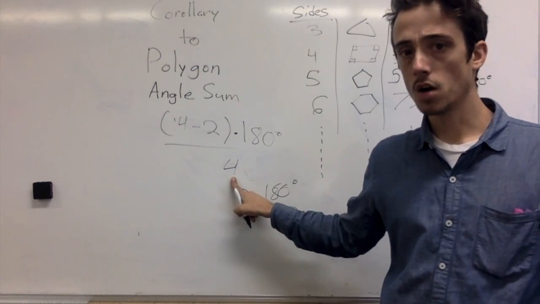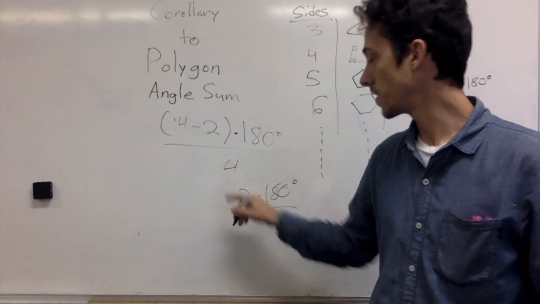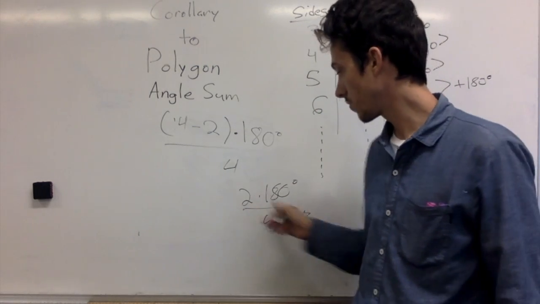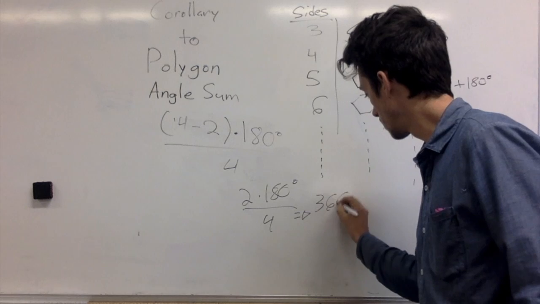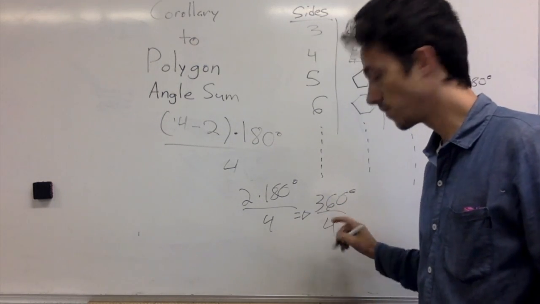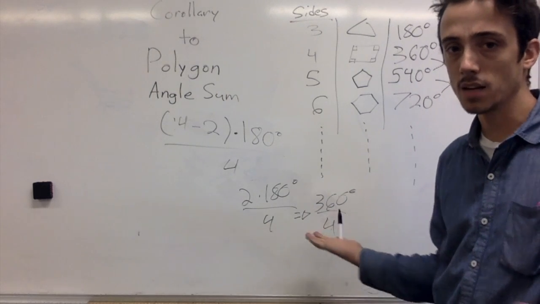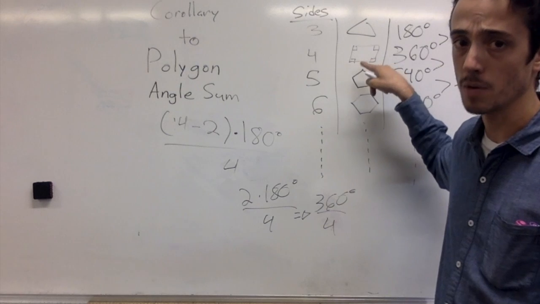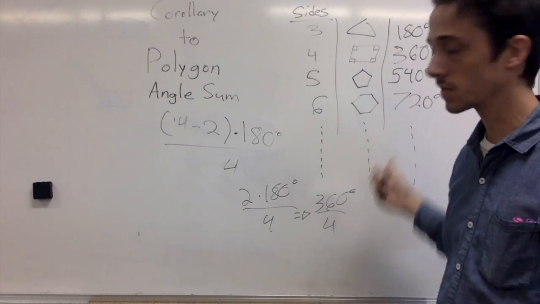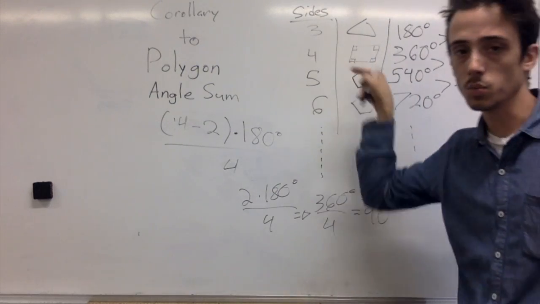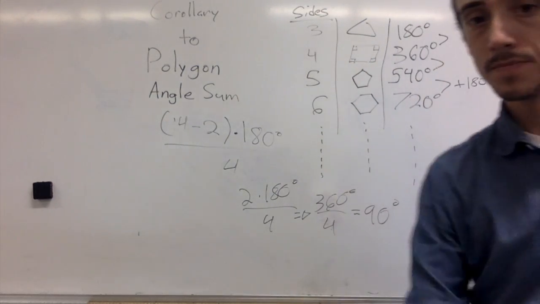Then we have our 4 down here. So it's as if we have 360 divided by 4. It makes sense that for a regular 4-sided shape, each angle is going to be 90 degrees. Hopefully that makes sense. And we can try this with any of these types of shapes.